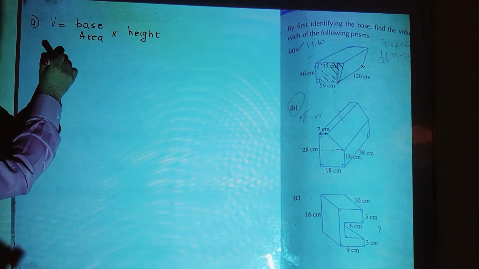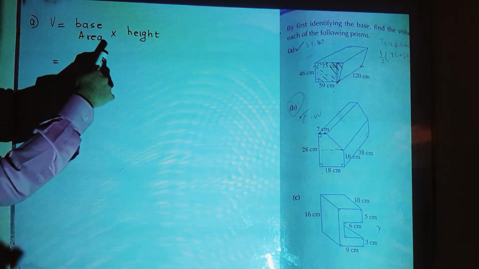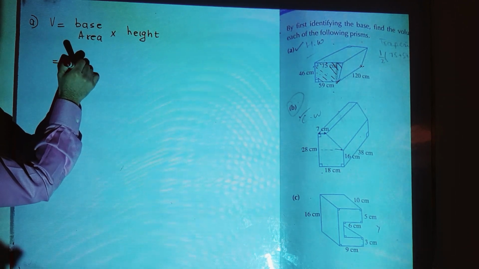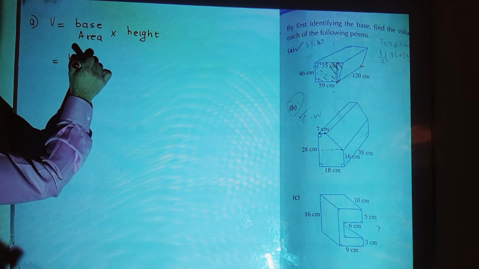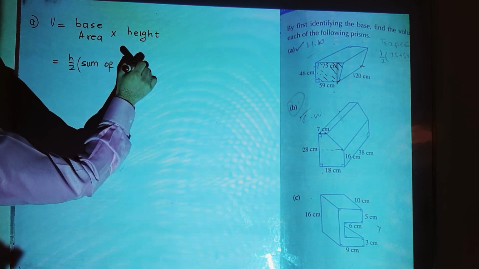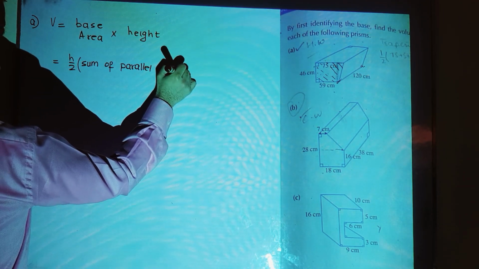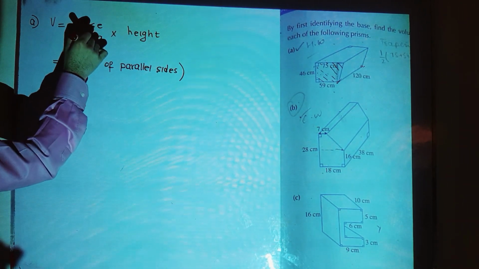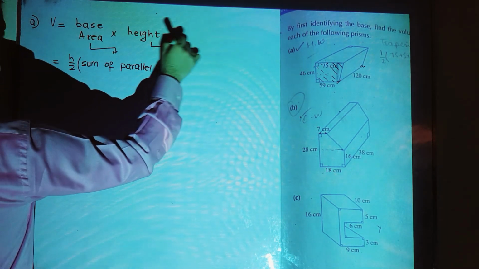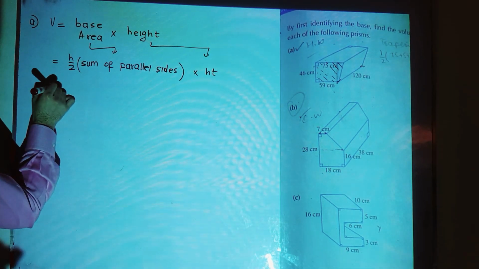So what is the base area? That is the area of a trapezium, because the base is a trapezium. So that is h by 2 into the sum of parallel sides. Now this is the area of base, and this height is height of prism. Now what is h?